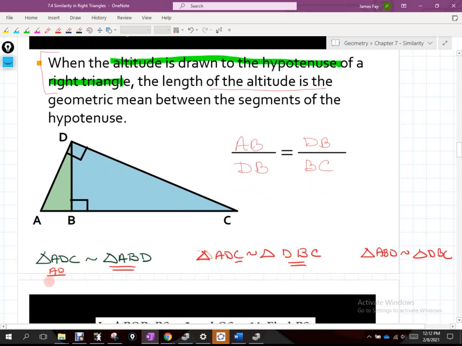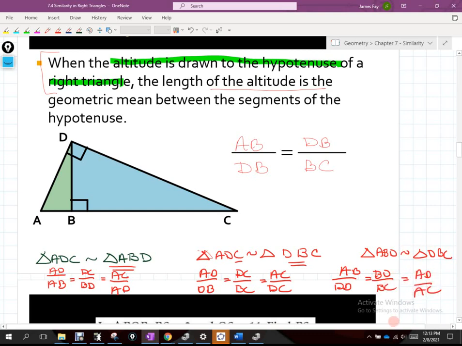We should be able to say AD compares to AB, just like we can say DC compares to BD, like we could say AC compares to AD. Over here, we can say AD compares to DB, DC to BC, AC to DC, and this last one, AB to DB. BD to BC, and then AD to AC.